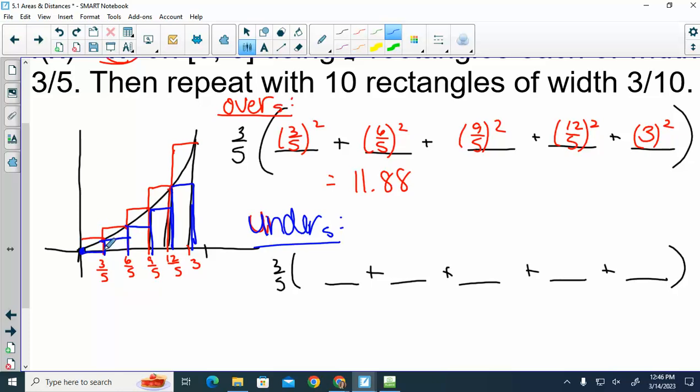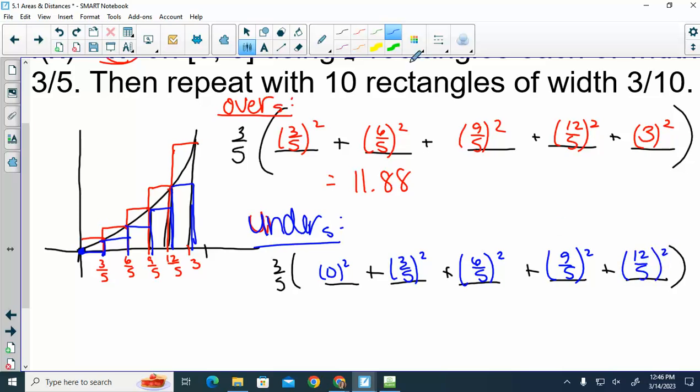So, in other words, instead of using the right-hand side, I'm using the left. So what's the first x value that we plug in? 0. And then the next one is 3/5, and the next one 6/5, the next one, and the last one.